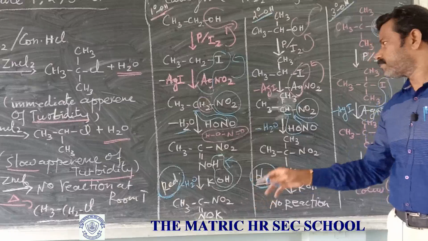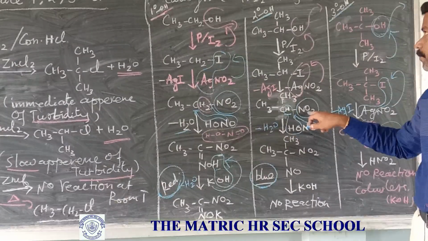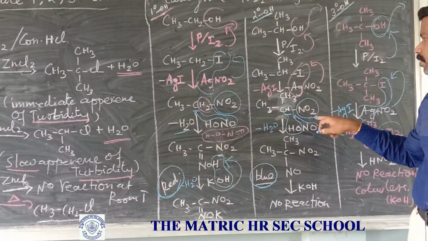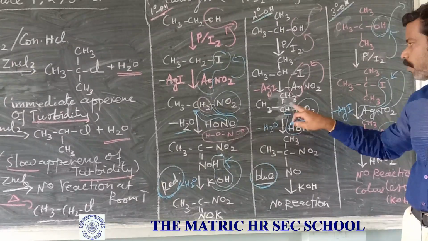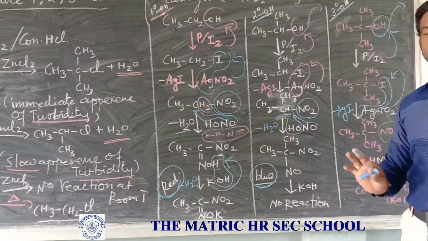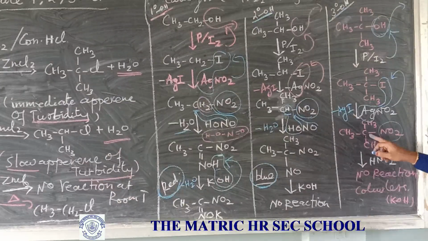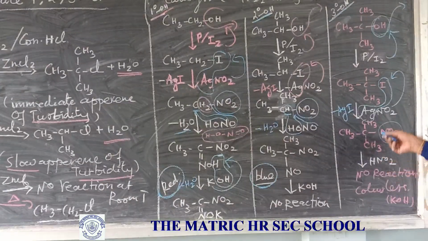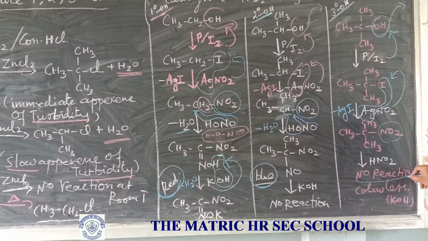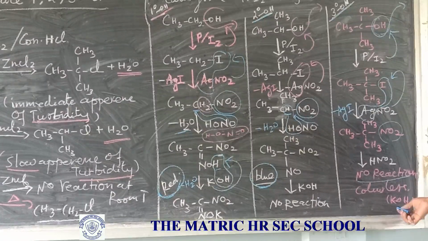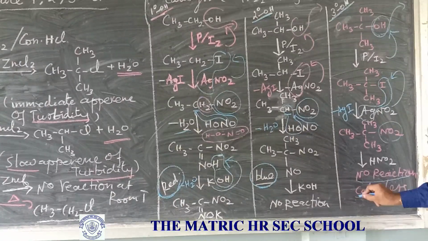In the secondary alcohol, the functional group is present at the alpha carbon, which has only 1 hydrogen atom. In the tertiary position, the hydrogen atom is not present, so the reaction is not possible, so no reaction. No color is formed with potassium hydroxide. It is a colorless compound.